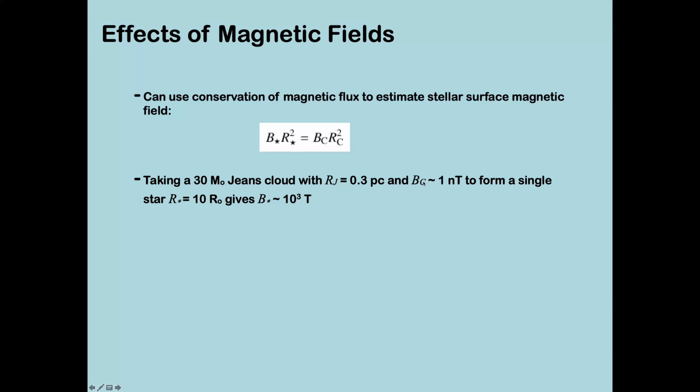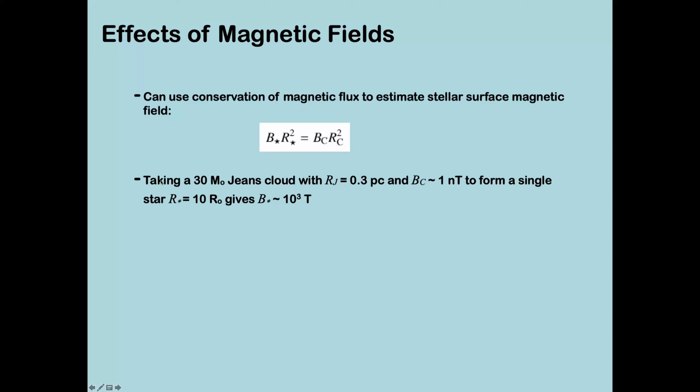So here, if you start with a B cloud of the order of 1 nano Tesla, which is observed to form a single star, then this expression gives 1,000 Tesla, which is huge.